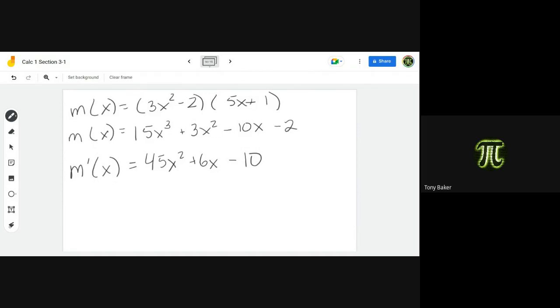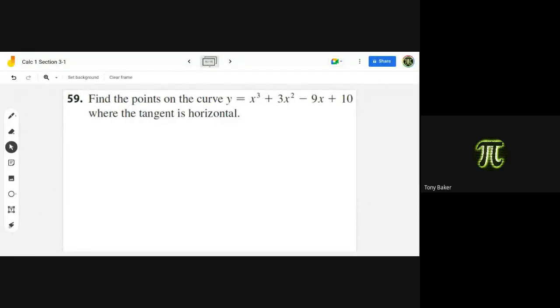All right, so I want to find the points of the curve for that. We have y equals x to the third plus 3x squared minus 9x plus 10. I want to find out where the tangent line is horizontal.